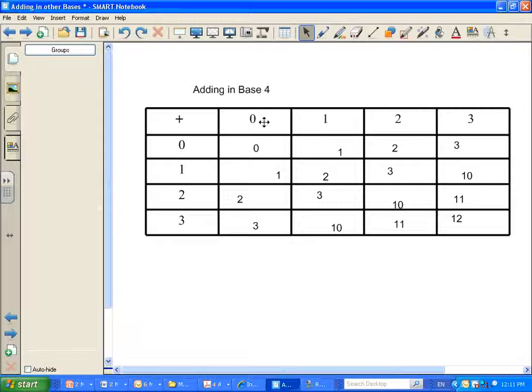And when you start adding, or any of the operations, you're initially doing it in base 10, but then you got to hurry up and convert it into whatever base that you're working in. So 3 plus 0 is 3 here in base 4, but as soon as I add 3 plus 1, I get 4 immediately, but that 4 is in base 10. I have to immediately see what 4 is in base 4, and 4 in base 4 is actually 10.